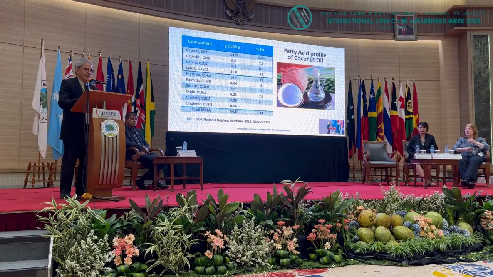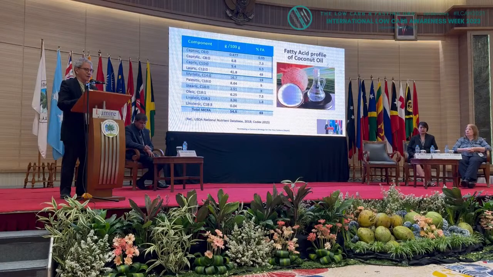So let's talk about the fatty acid profile of coconut oil. Many of you already probably know this. These are the fatty acid components of coconut oil. Now there are two columns there. One is grams per 100 grams of the fatty acid, and the second one, which is probably more familiar, is the percent fatty acid profile.